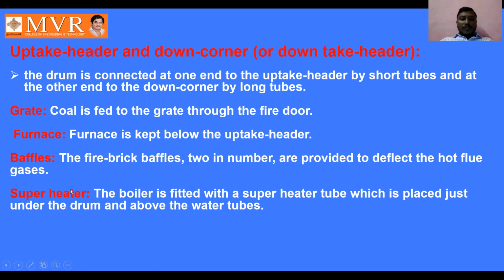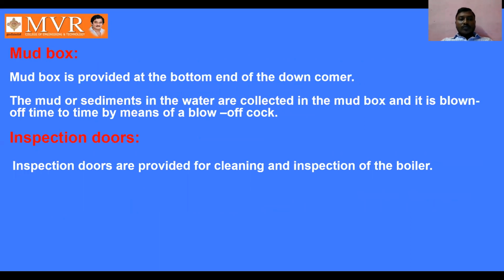The superheater is a tube fitted in the boiler, placed just under the drum and above the water tubes. And the mud box is where the sediments formed in the boiler are collected through the downtake header, and these sediments are removed through a blow-off cock.